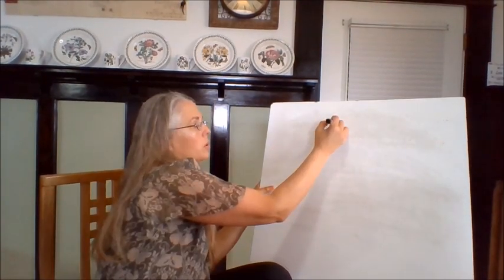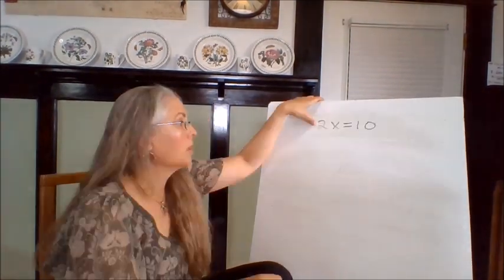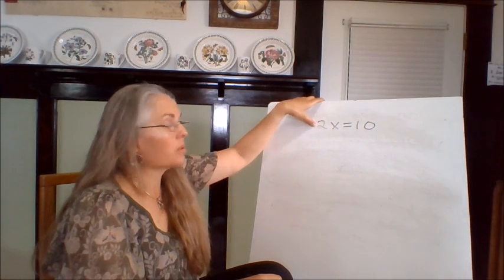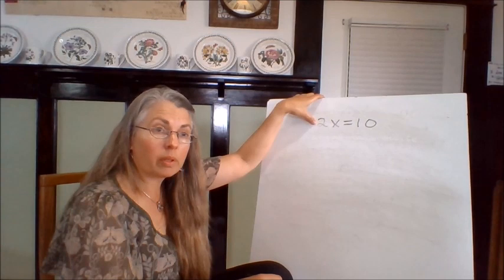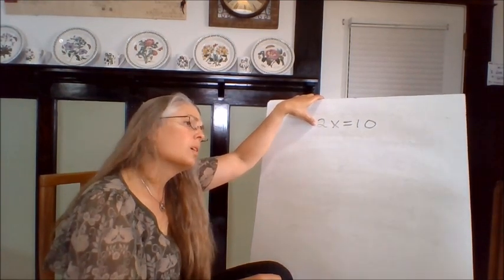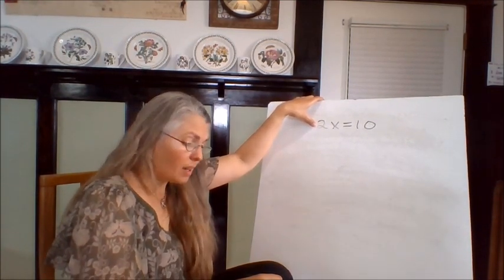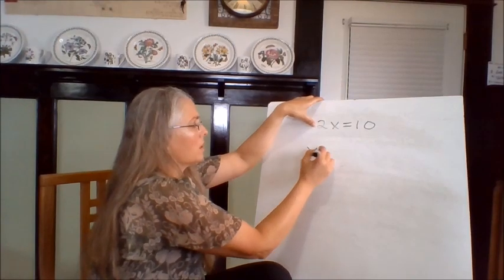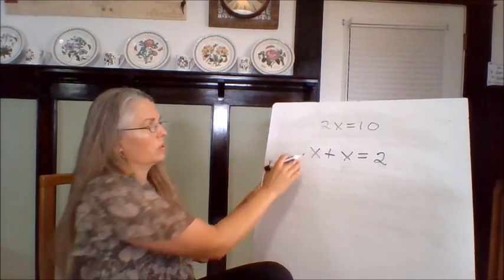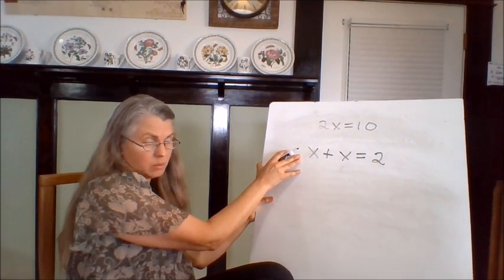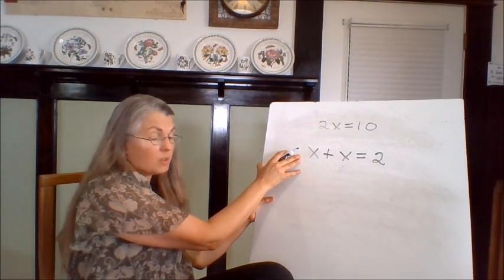So here's just some quick questions. Does this x represent numbers in general, a specific number, or a relationship? Yeah, a specific number. All right. What about this? Is that numbers in general, a specific number, or a relationship? It's a specific number.